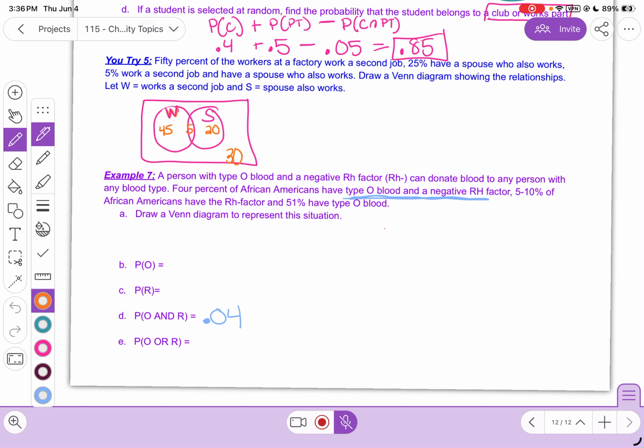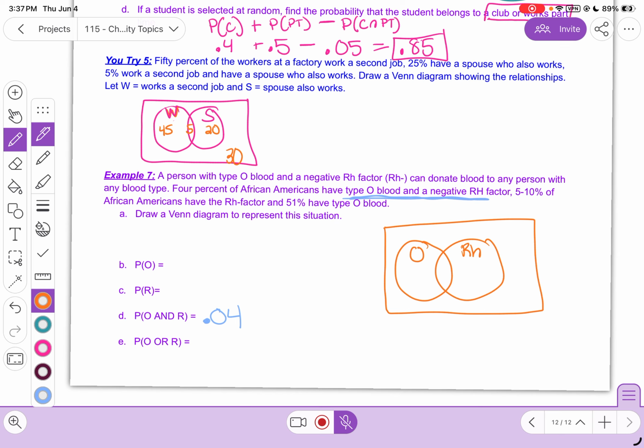So, here's my Venn diagram. Here is my O. Here is my Rh negative. Here is my 4%. Now, we know it's 5 to 10%. We don't know exactly, so we're going to find an average here.